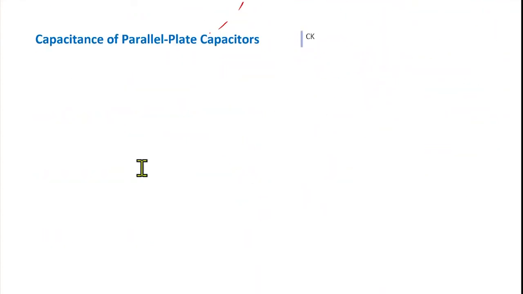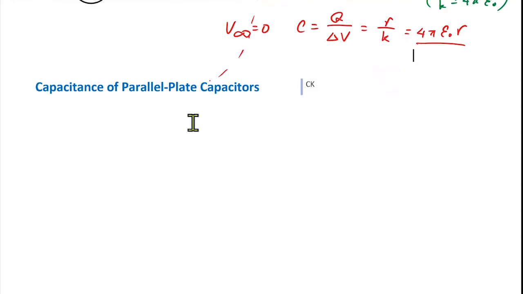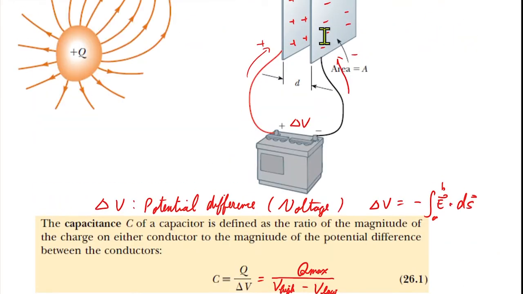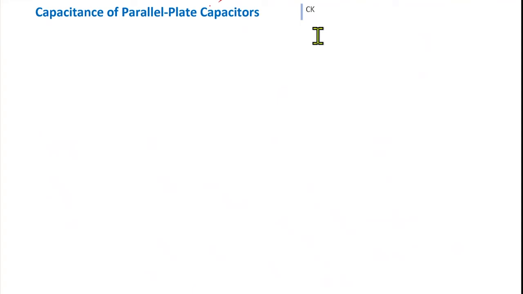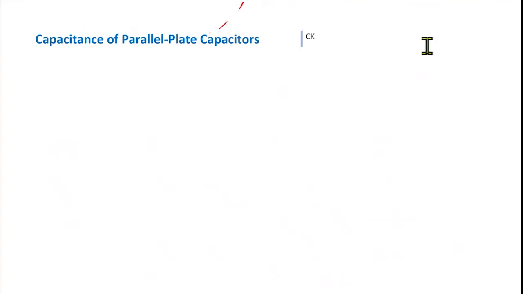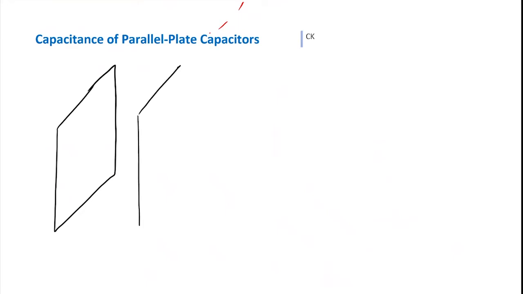Okay, parallel plate capacitor, the one we had up here. This is the most common form of capacitor in the olden days until they came up with a cylindrical one. So say we have two plates like this.